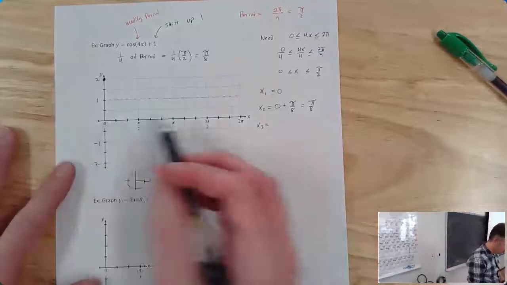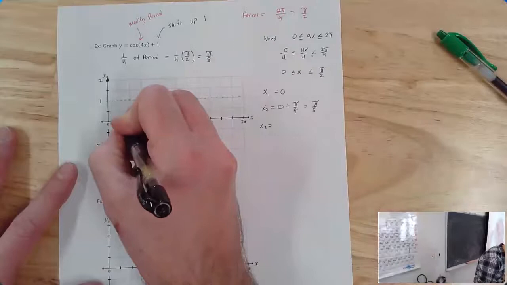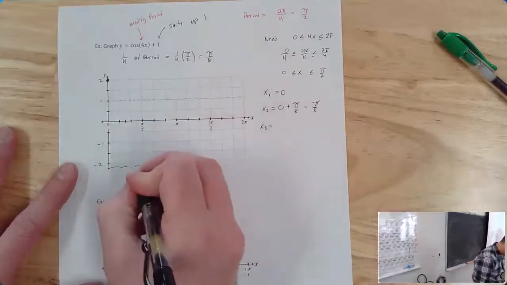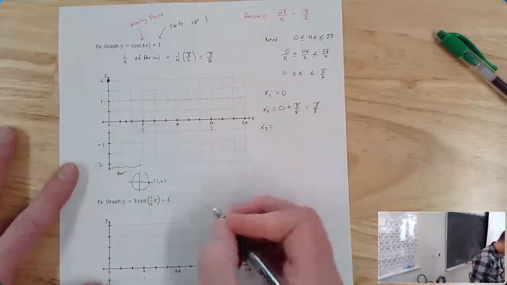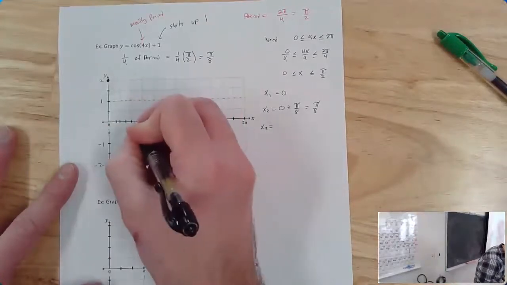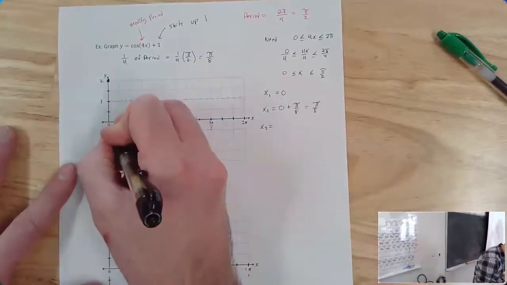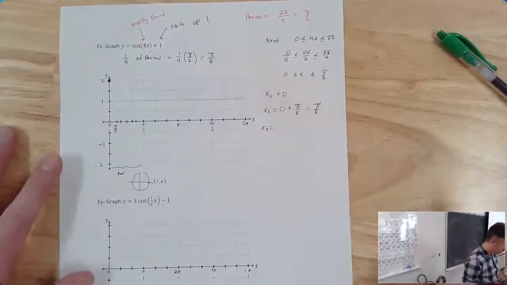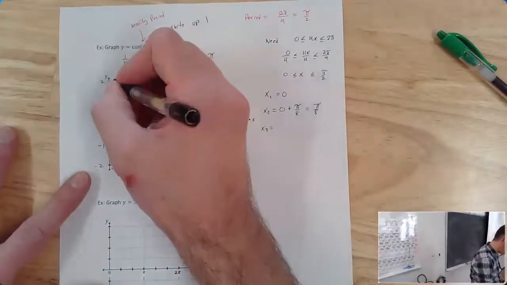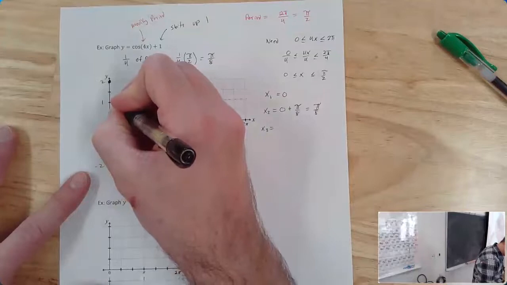And then the next point is at pi over 8. So I'm cutting this full period here in half and then in half again, which is kind of gross. But there's our points. There's pi over 8. So cosine, we're starting up at the top and then going to the middle.